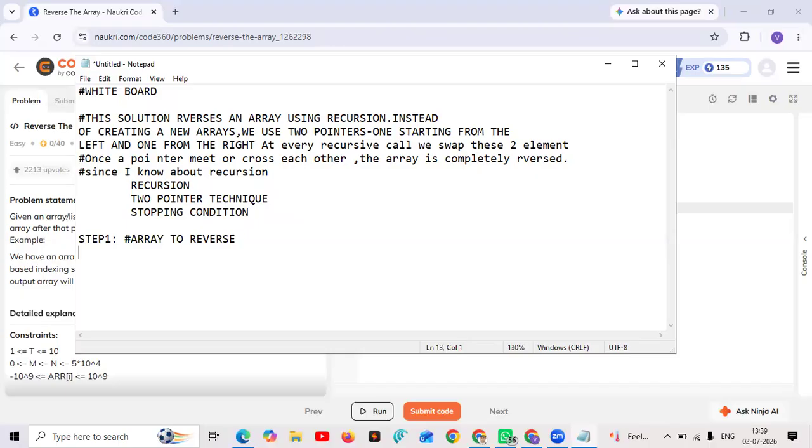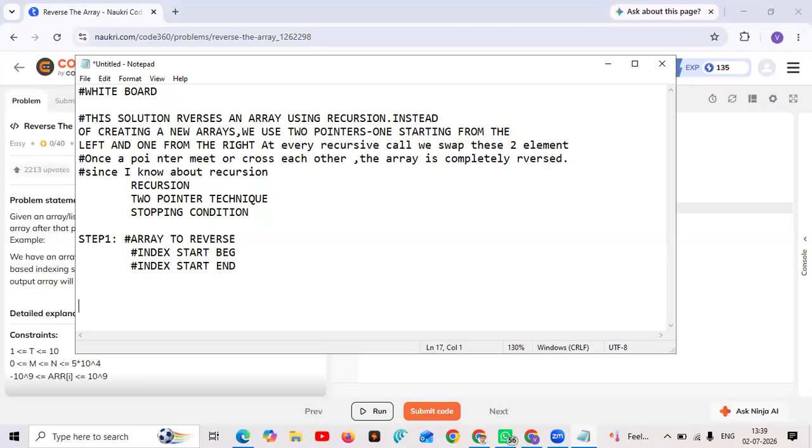Then what can I take? It's very simple: the index starting from the beginning, and then the index starting from the end.